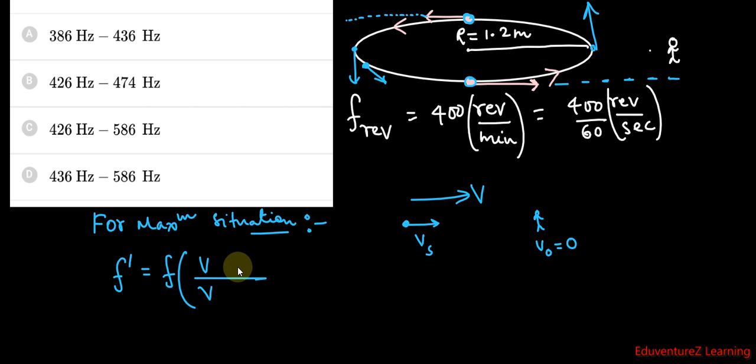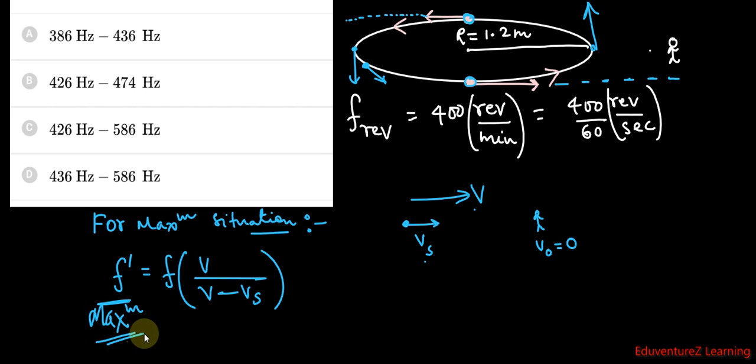In the numerator we put the observer, and in the denominator we put the source, with plus and minus signs respectively. As the observer is not moving, we put plus minus 0, so you don't have to write it. Since the velocity of sound and velocity of the source are in the same direction, it will be v minus vs.